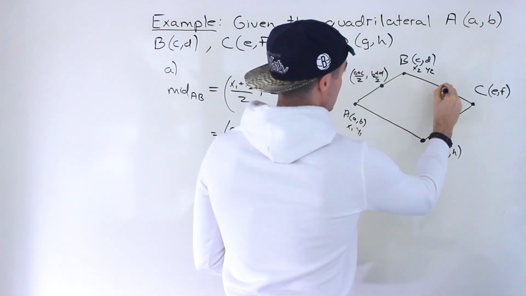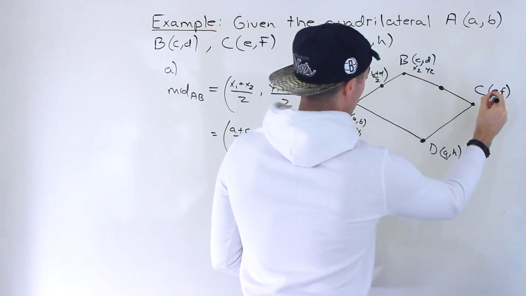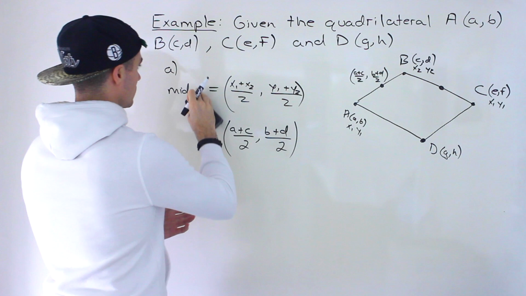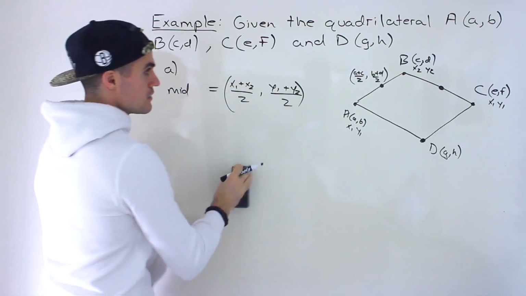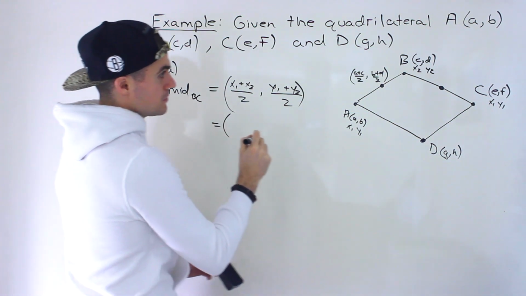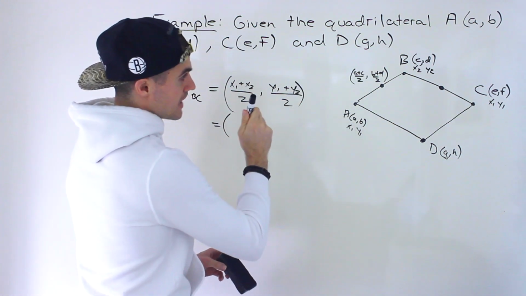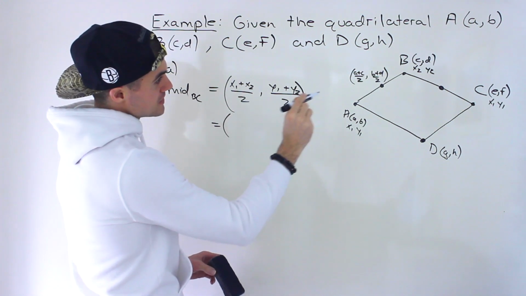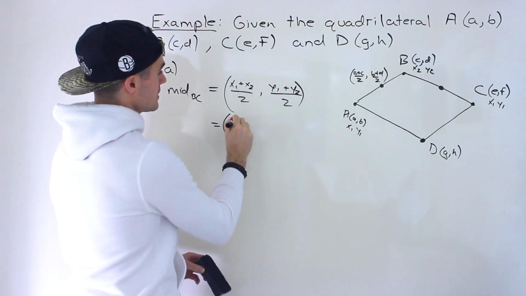Now let's find this midpoint. So we have x2, y2 for B. Let's label C as x1, y1. So we're going to be finding the midpoint for BC now, which is just going to be x1 plus x2. And actually, you know what? I'm going to go in alphabetical order. So instead of doing e plus c, I'm going to do c plus e.